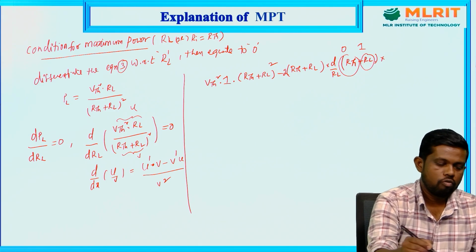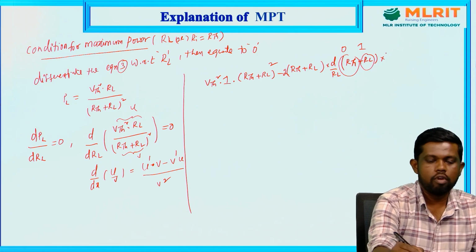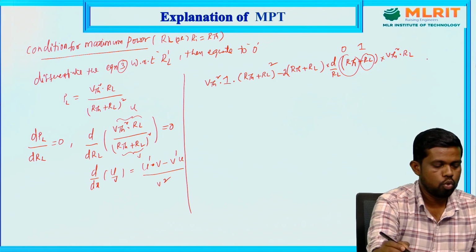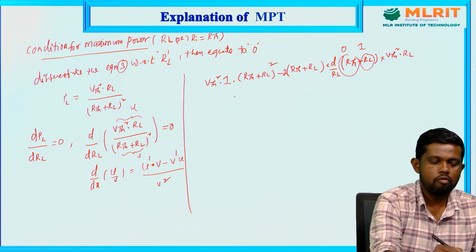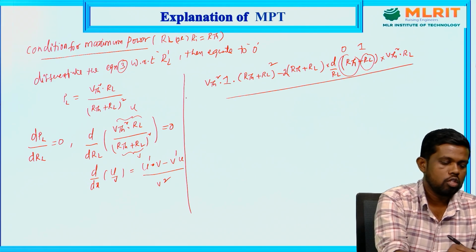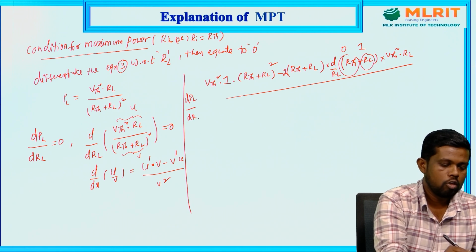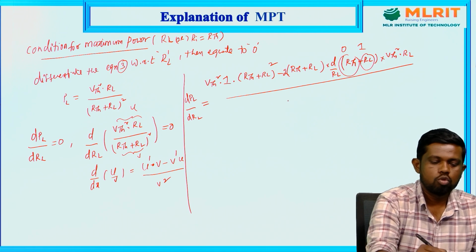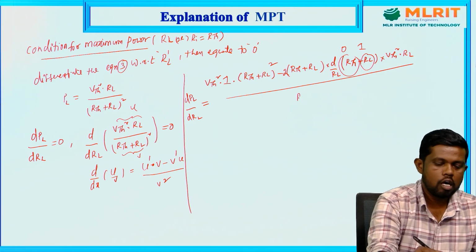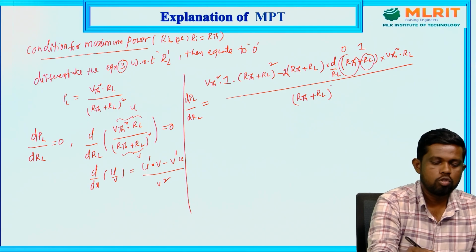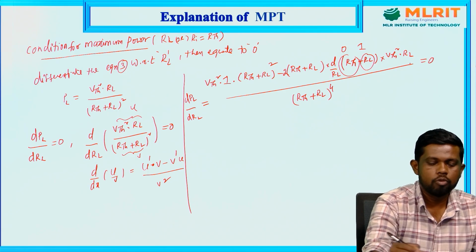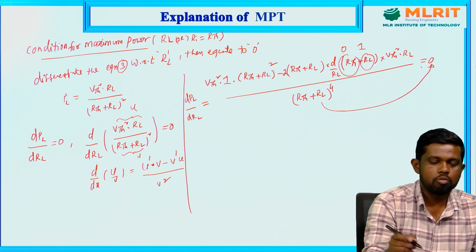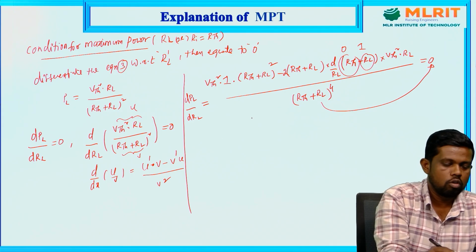Into, we keep the U as it is, that is VT square into RL, divided by V square. So this is the dPL upon dRL value. What is the V square value? That is (RTH plus RL) whole square squared, which means the power 4, equal to 0. So this term is going to become 0 and the remaining also we will get 0.